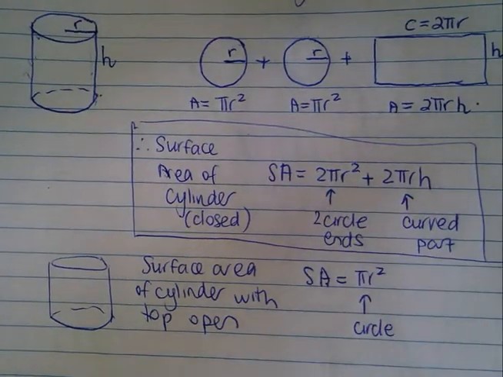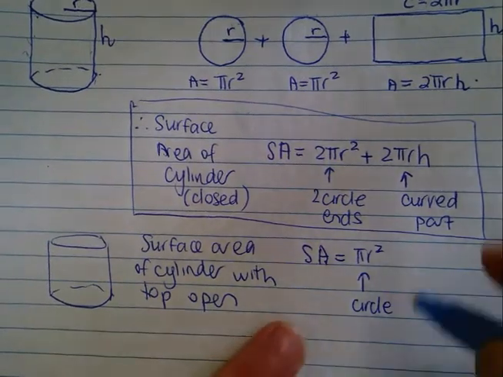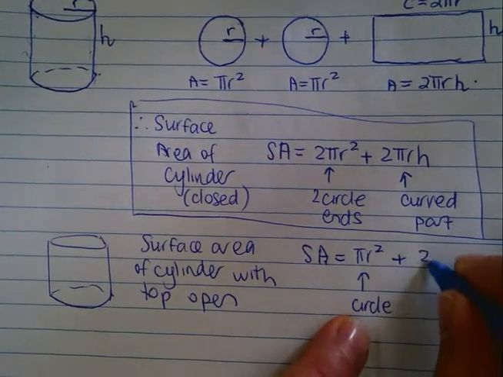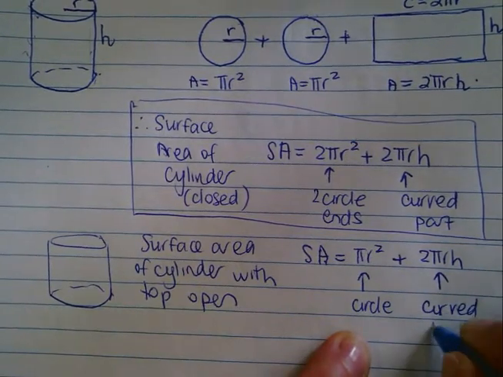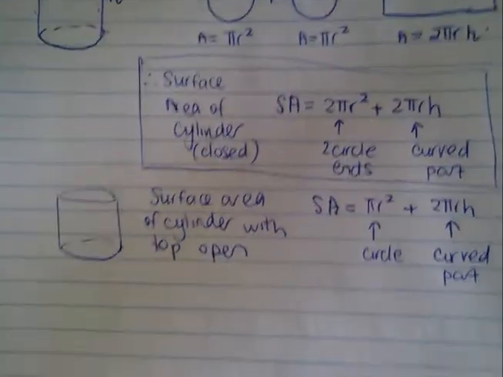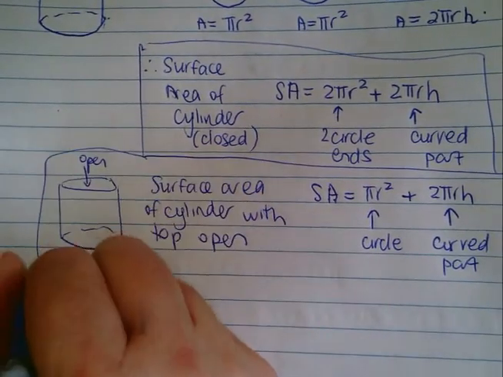That's why you need to know how the formula has been put together. So with the top open, it's 1 circle plus 2 pi r h, which is the curved part.